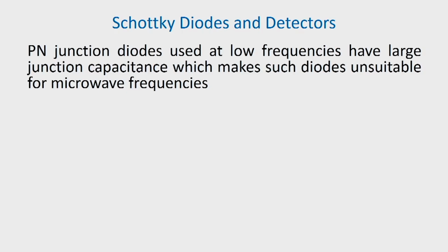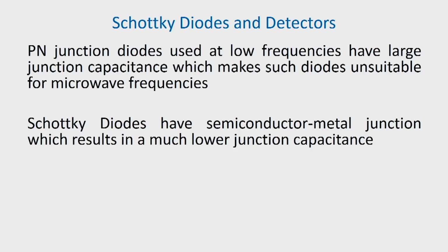PN junction diodes, which are used at low frequencies, have large junction capacitance, and this makes such diodes unsuitable for microwave frequencies. Schottky diodes have semiconductor metal junction, and this results in a much lower junction capacitance.